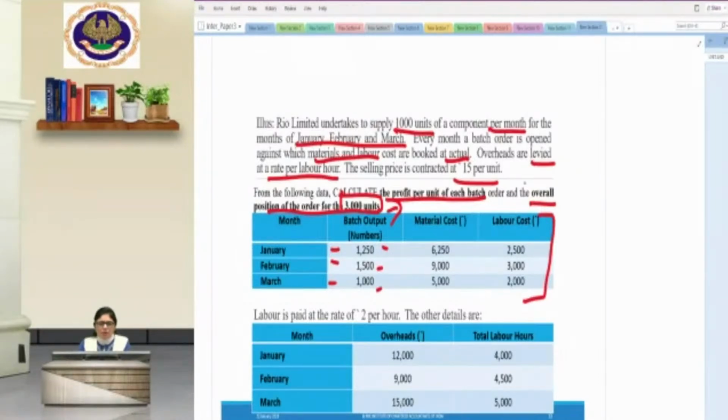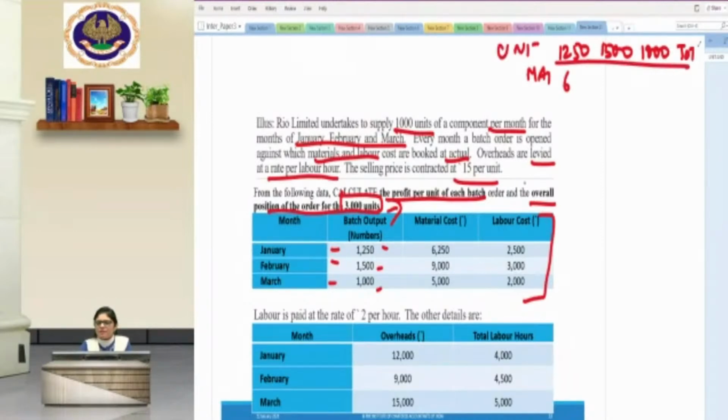Clear? Now material cost we already have. So batch size you can write it over here: 1250, 1500, 1000. And of course the total. Total has to be there always. So material cost you can write. Material cost is there. These are the units.